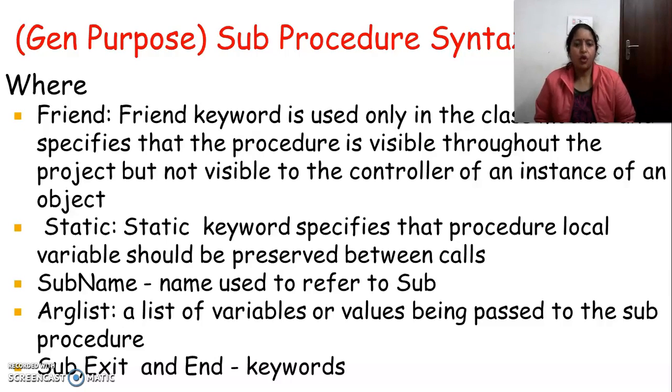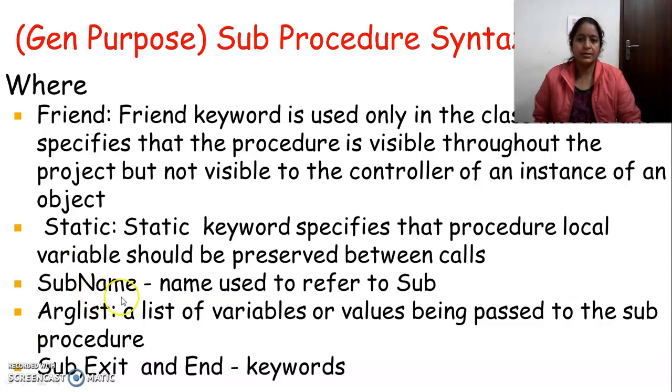If we want the value to be preserved between the first call and the second call, then we set the visibility mode of that procedure to static. It is very useful in the case of counters.